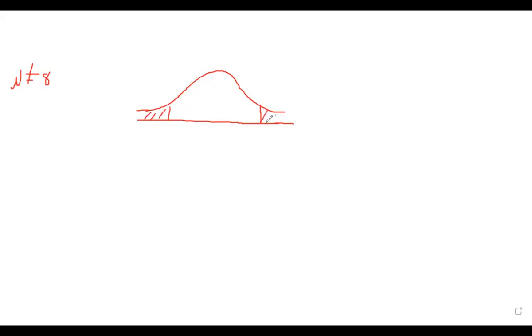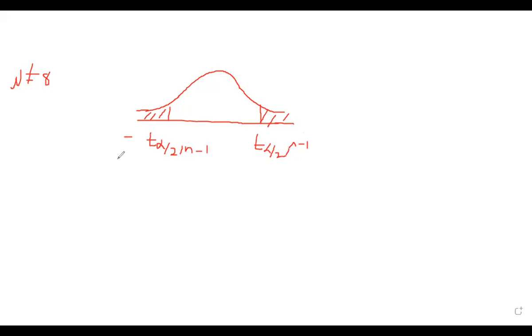And what we are here to read is T with alpha on 2 and n-1 degrees of freedom, which is negative, and the positive side will be T alpha on 2, n-1 degrees of freedom. So the question is, how do we read this?